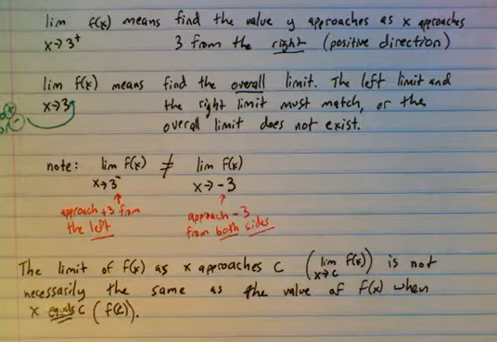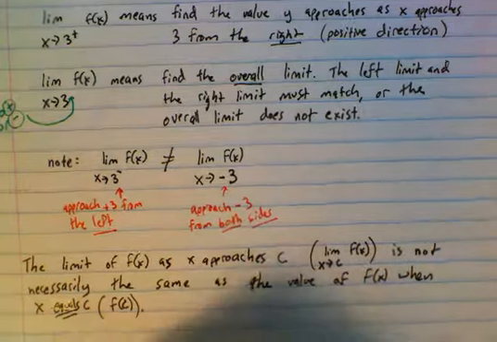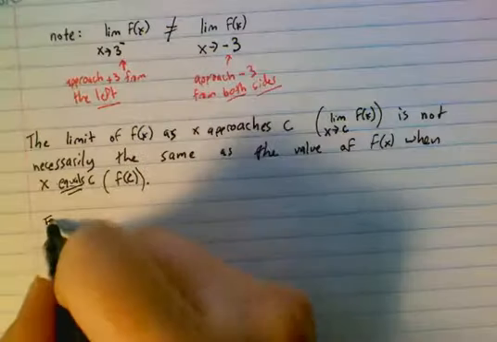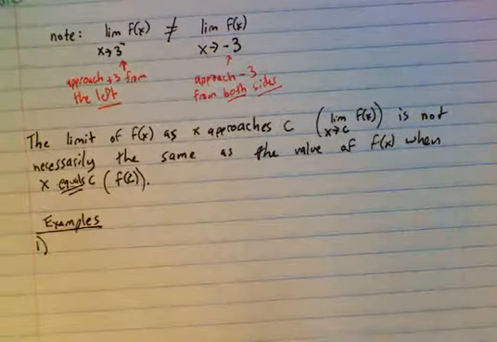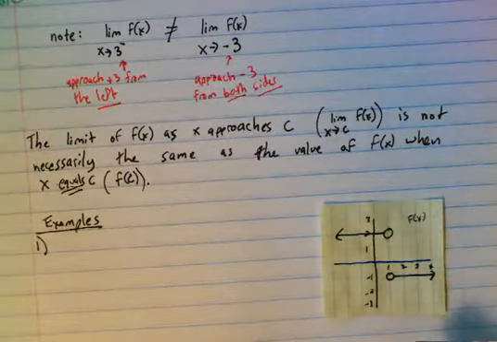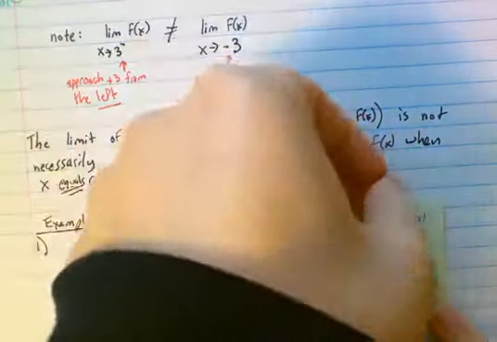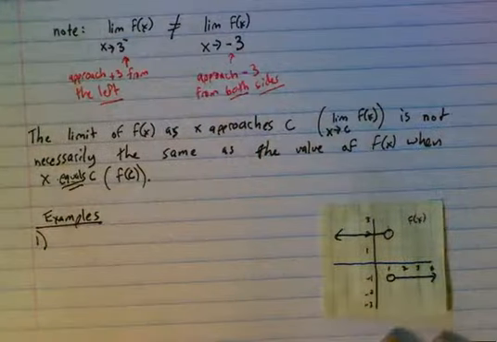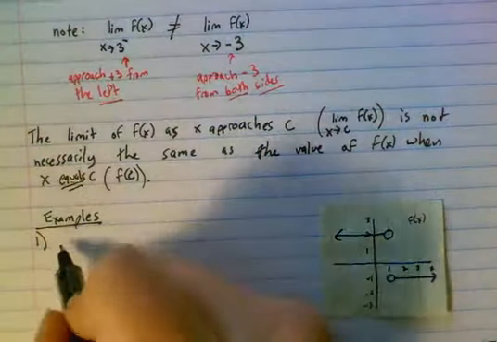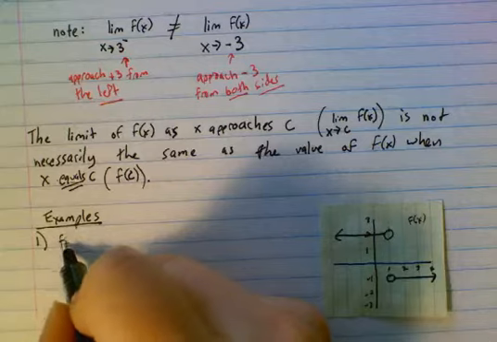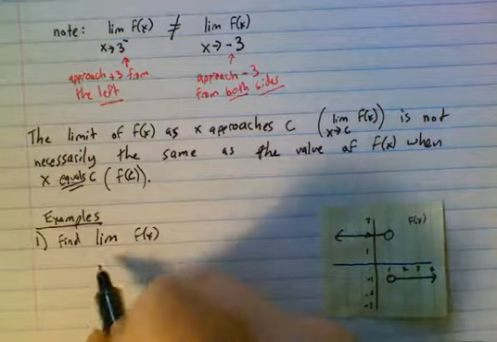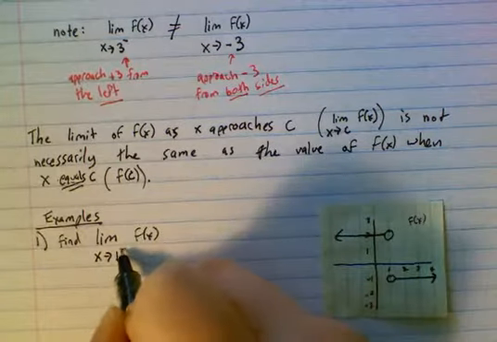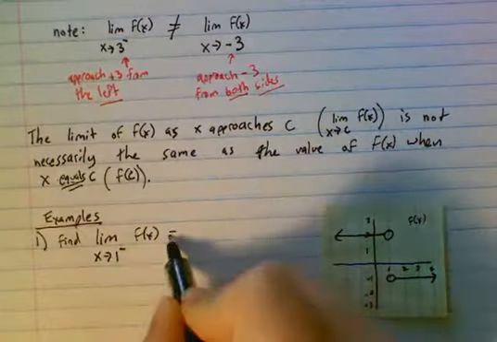So let's look at some examples just to see what this all ends up looking like. So here's a little graph of f of x. And what I want to find is the limit of f of x as x approaches 1 from the left.